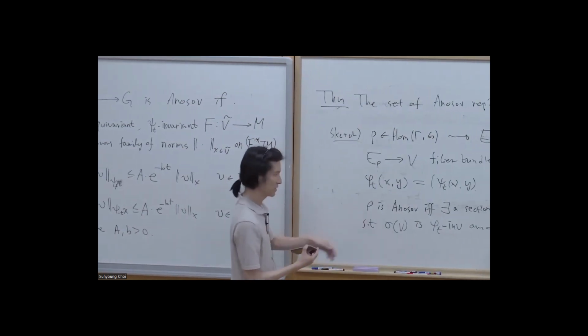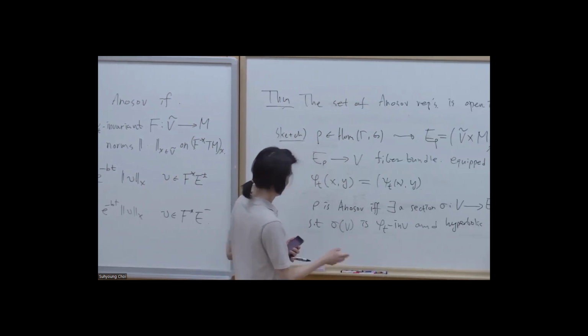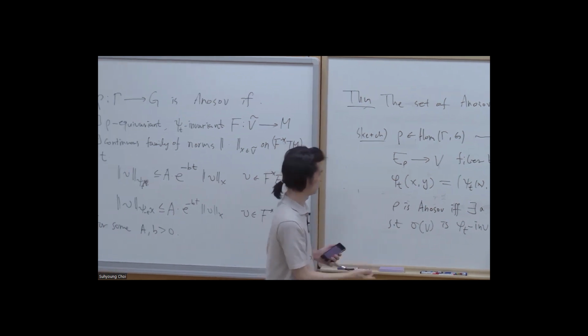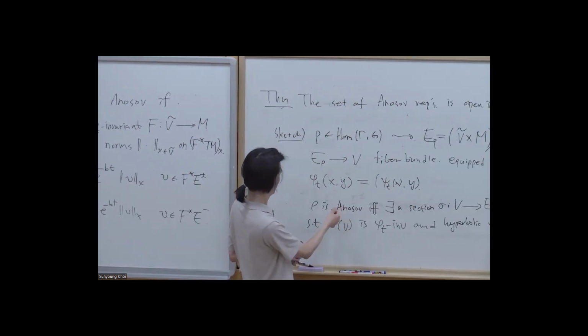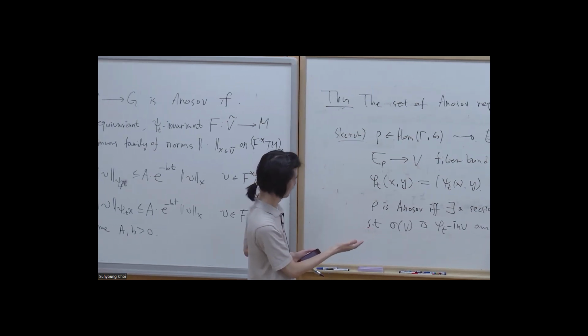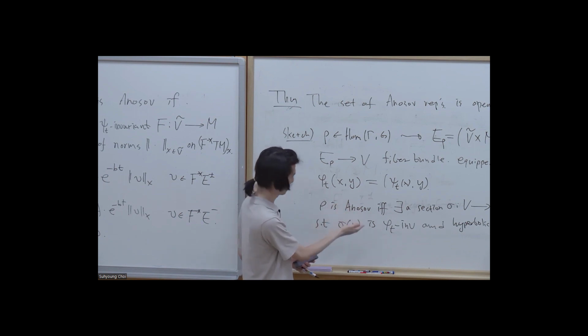And once you have this, you remember how we proved the Ehresmann-Thurston principle? There we used the openness of transversality. We showed that our representation comes from holonomy if and only if there exists a transverse section.